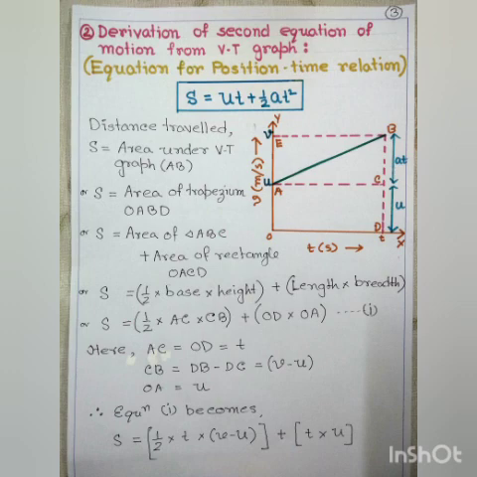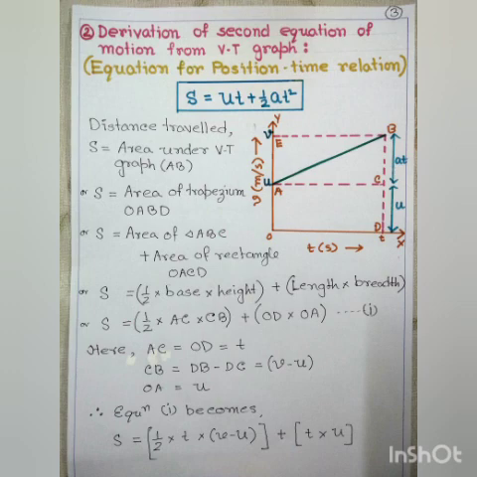And what is here DC? DC is the initial velocity, that is equal to OA. And what is DB? DB is the final velocity V. Therefore, CB will be DB minus DC, that is equal to V minus U. And here OA is the initial velocity, that is U.